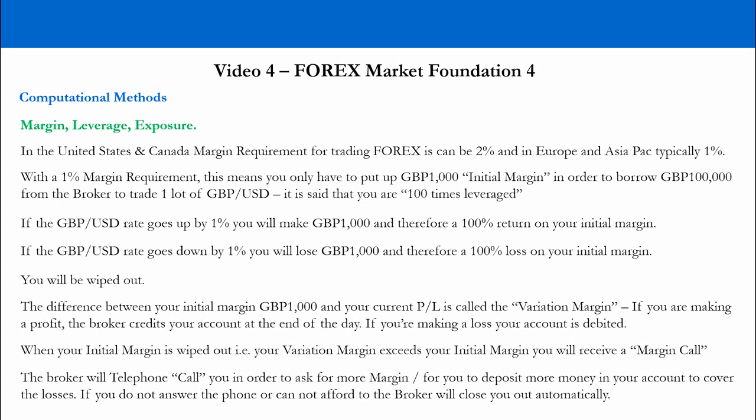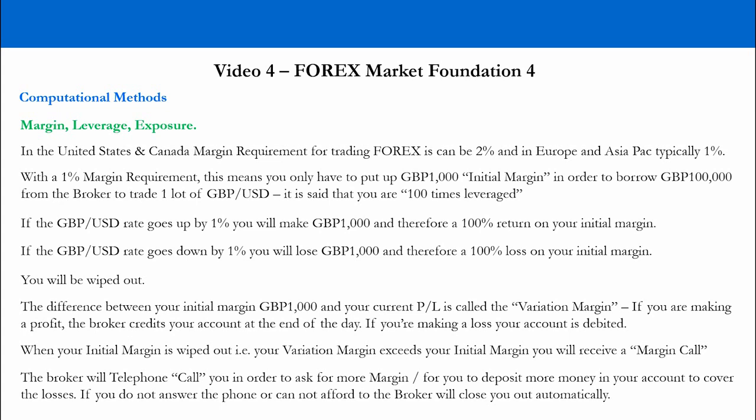So it all depends on the broker and the product that you're trading, whether you're trading spot or in the futures market. And in Europe and Asia, it's typically 1%. So what you're going to find is it's really just 1% across the board.